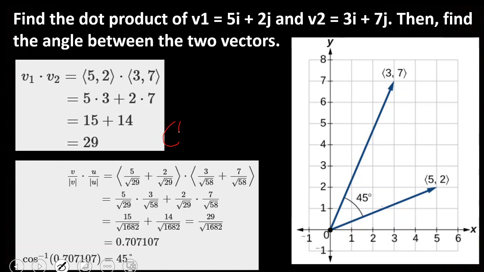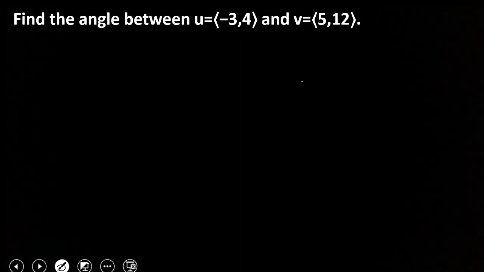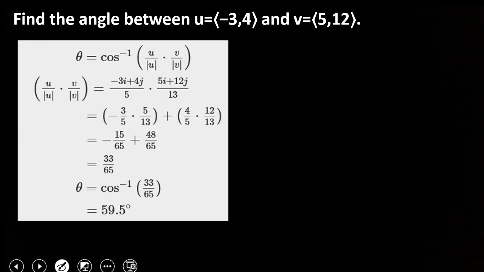So the cosine of the angle between two vectors is given again by v dot w, and then absolute value of v times absolute value of w. All right, so find the angle between those two. Again, same thing. Use that formula, cosine inverse of that expression.